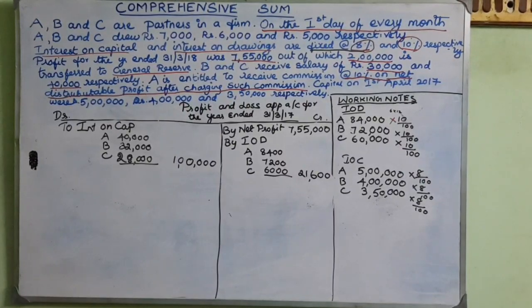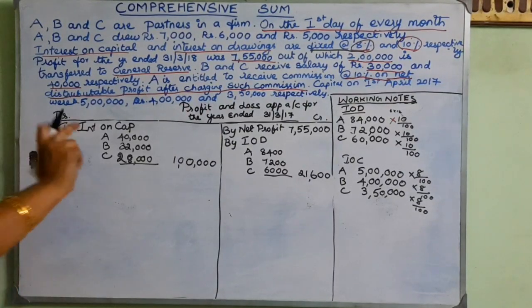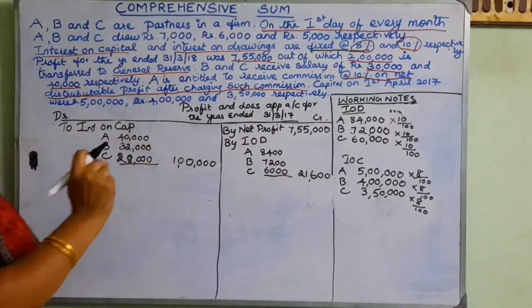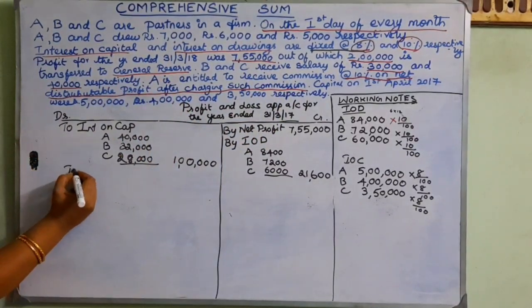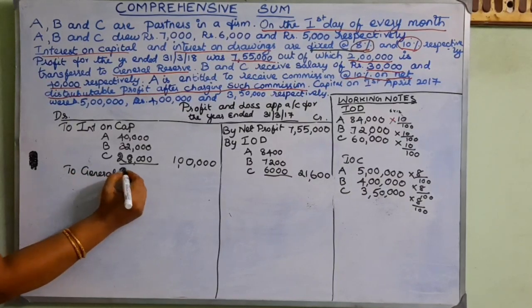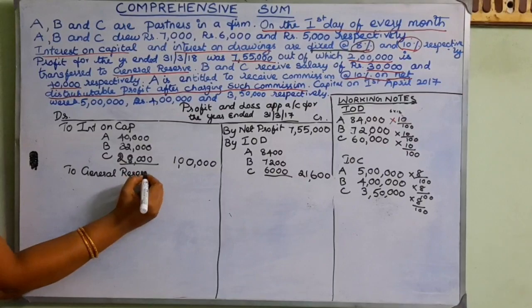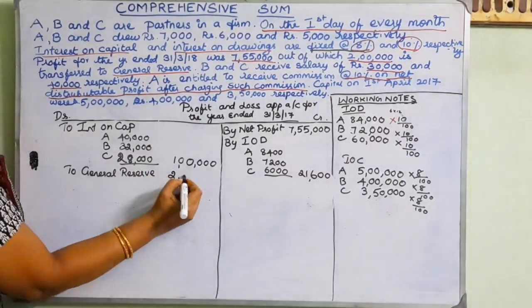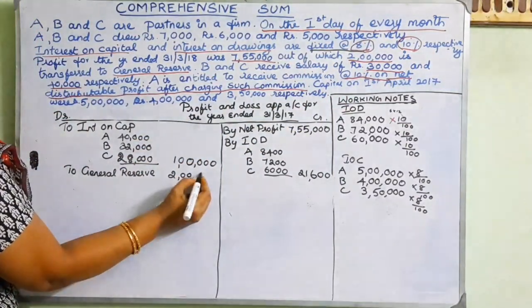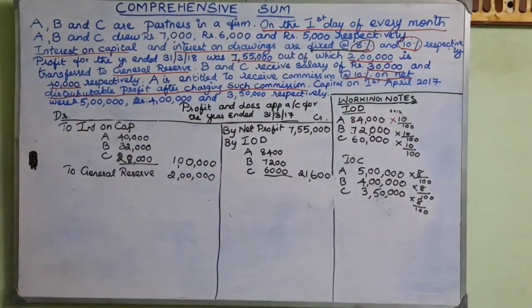Okay, now after this, what is the step? Out of the profit, 2 lakh rupees, not 2,000 children, sorry, it is 2 lakh rupees, is transferred to general reserve.